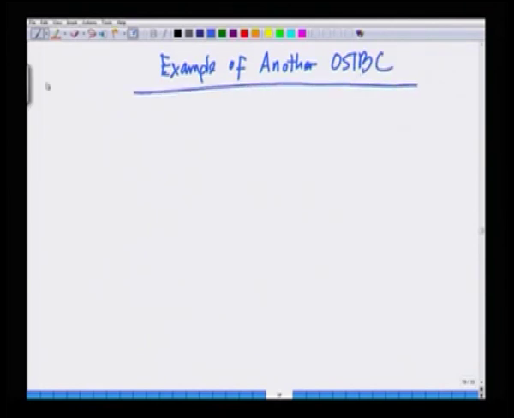This is for a 1 cross 3 MIMO system, which means 1 receive antenna and 3 transmit antennas.